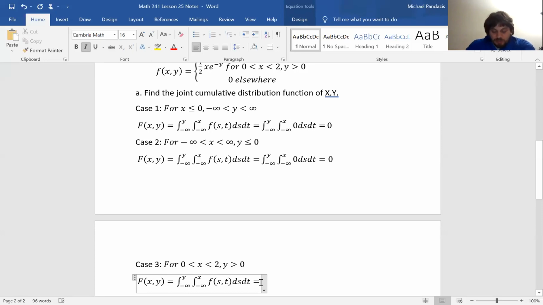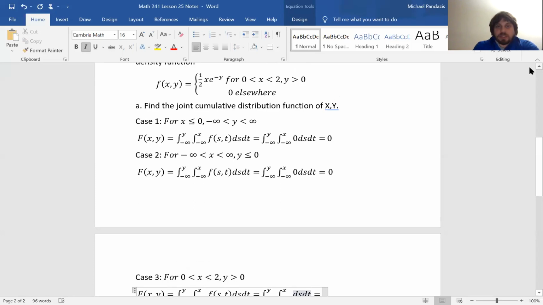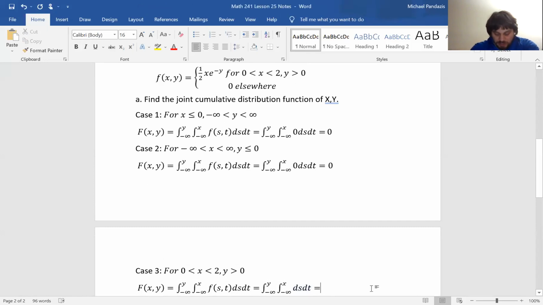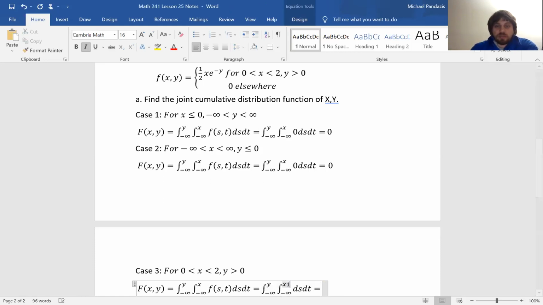For that range of values, we're using s and t as dummy variables, so the integrand is 1/2 s e to the negative t.